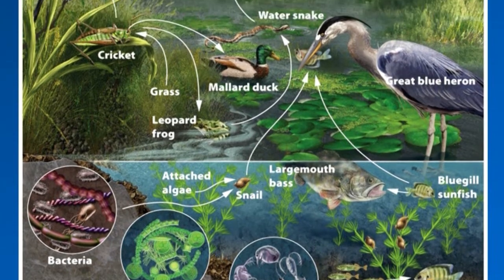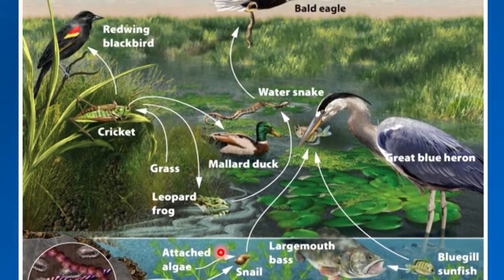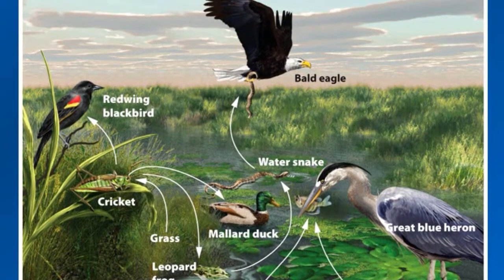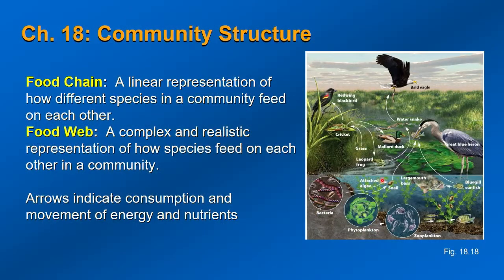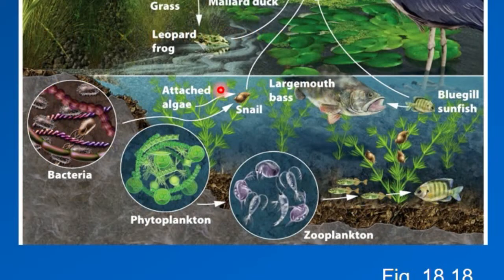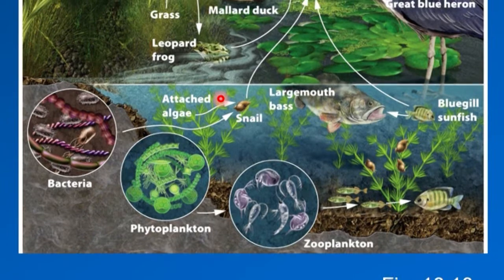You can imagine these food chains, but they don't occur in isolation, just like everything we've been talking about. They occur in multiple complex food chains with lots of interlinkages between them and therefore food web is probably a more apt description of what's going on there. Again, the arrows indicate consumption and movement of energy, or sometimes nutrients.